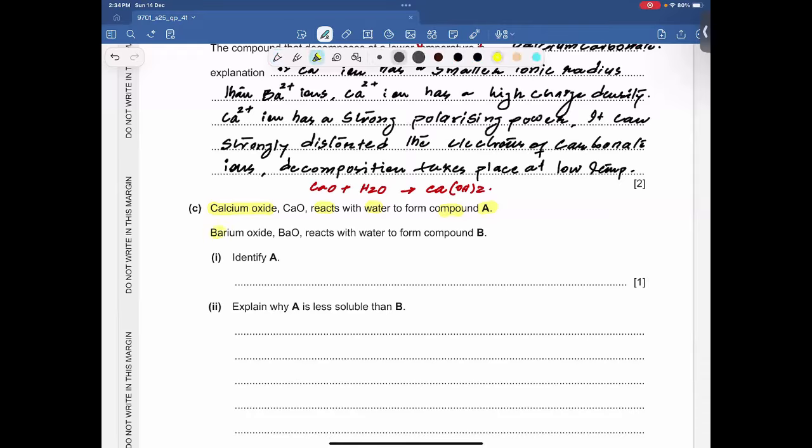When barium oxide is placed in water, it will turn to compound B. Obviously, it's going to be converted into barium hydroxide. My bad, barium oxide, when placed in water, will turn to barium hydroxide. Okay. So identify A. Obviously, it's going to be calcium hydroxide.